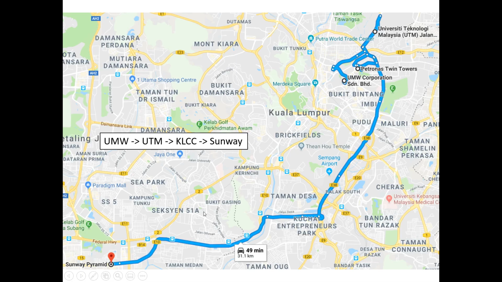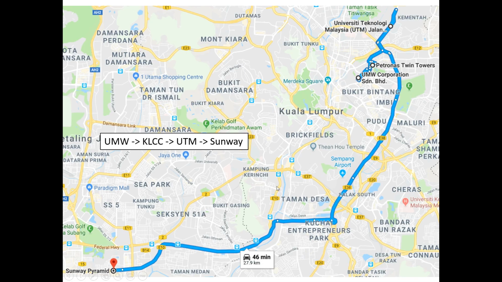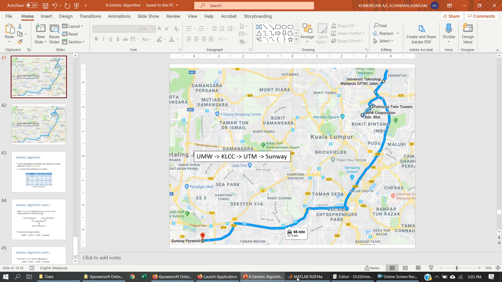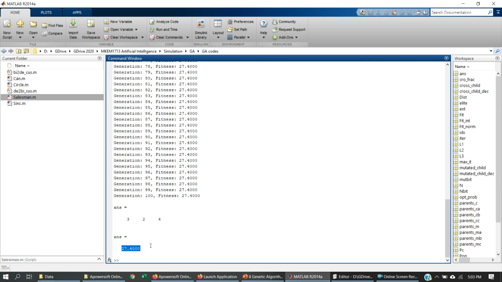So the genetic algorithm tells us that this is the shortest distance that the salesman can possibly travel, and the distance is 27.4 kilometers.